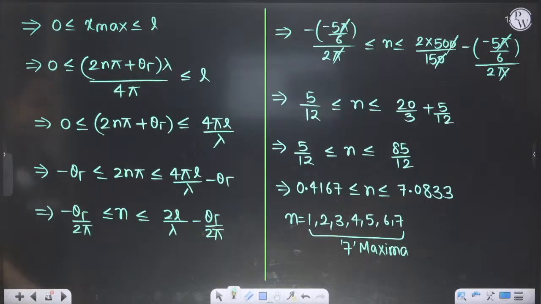Then you can calculate minima also, the number of minima.